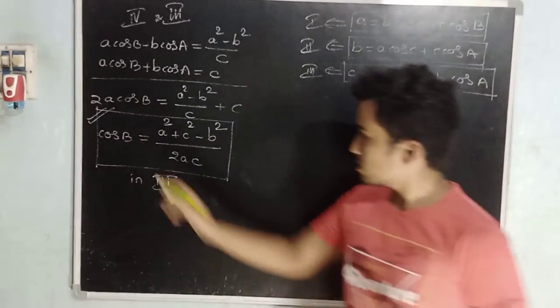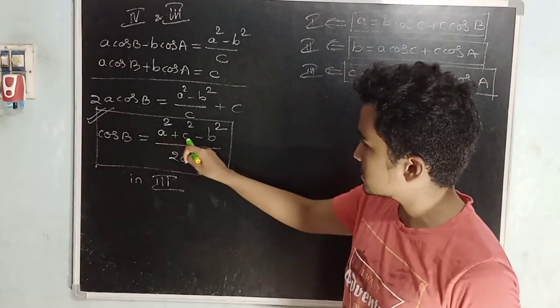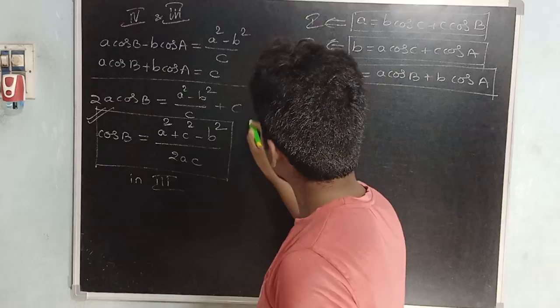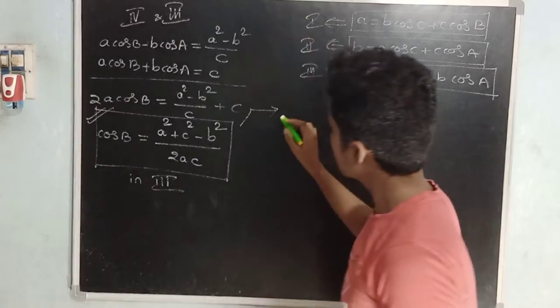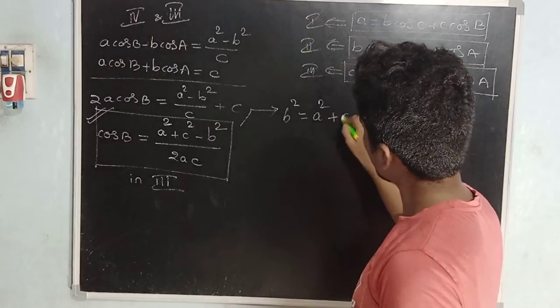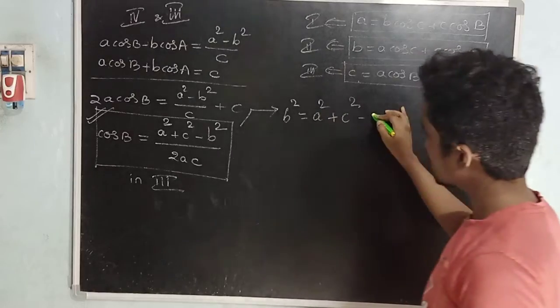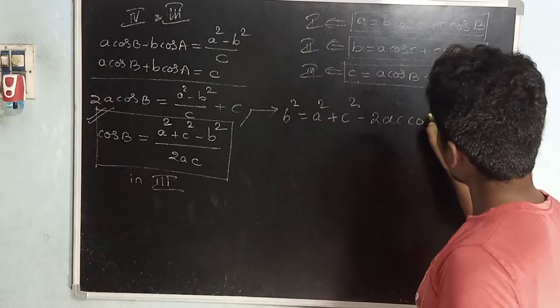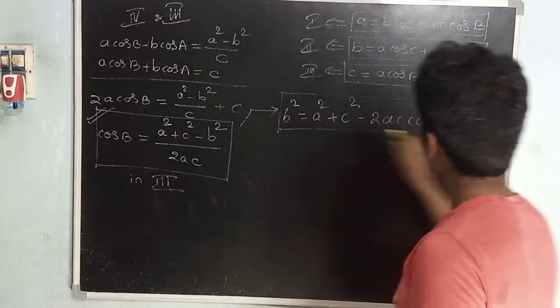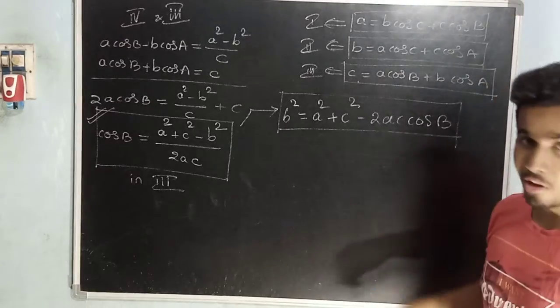So here we got the value of cos B, that is A square plus C square minus B square by 2AC, or it can also be written as B square is equal to A square plus C square minus 2AC cos B. It is another formula.